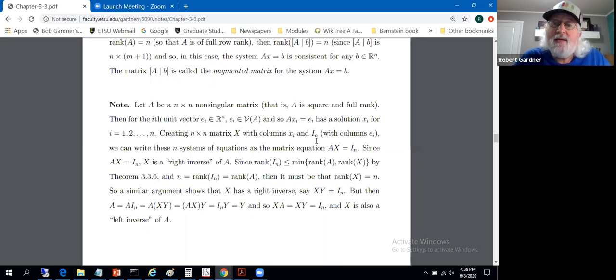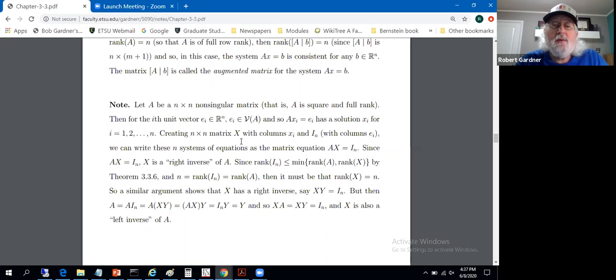It'll be the identity matrix, and then collect together this collection of n systems of equations all in one and write it as a full-blown matrix equation, replacing that bunch of column vectors of unknowns with a matrix capital X, and these little e sub i column vectors for I equals 1 to n into a matrix that has those e sub i's as its corresponding columns.